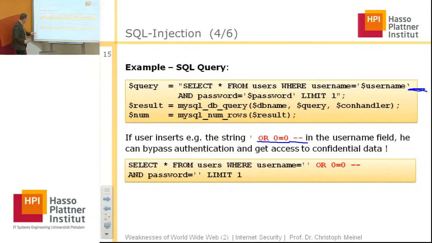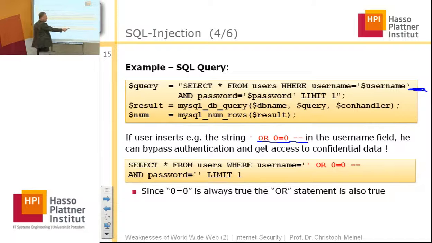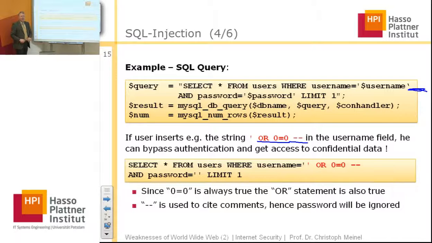What is the problem? Of course, 0 equals 0 is every time true. So this statement is true, regardless of the first term. And the next thing is, these two minus signs indicate comments. That means by means of these two minus signs, the request that the password needs to be checked is considered as a comment without influence on the proceedings.